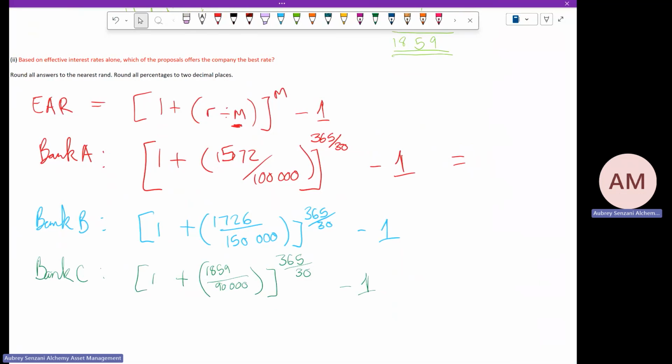M would be 12, right? Yeah, it would be 12. If it were me, I would even include whatever the decimal comes. Yeah, I would also include that. What are we getting?